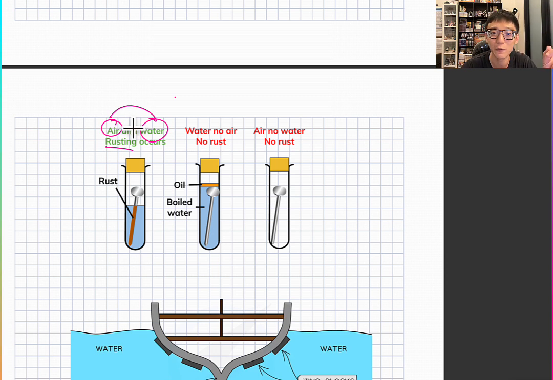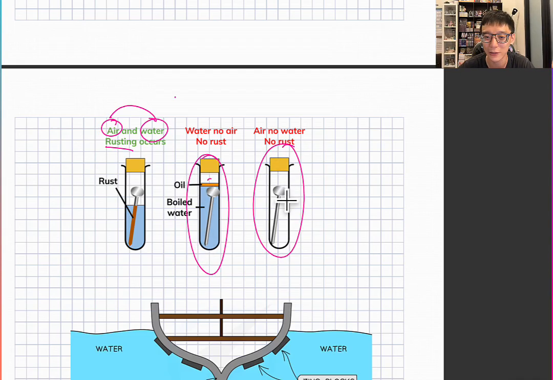If only one of them is present, you cannot rust the metal. In the second example, we put a thin layer of oil that prevents the air from reaching the metal, so it is not rusting. In the third, there is only air, so even without water, it will not rust. Rust appears on metals that are exposed to both air and water at the same time.